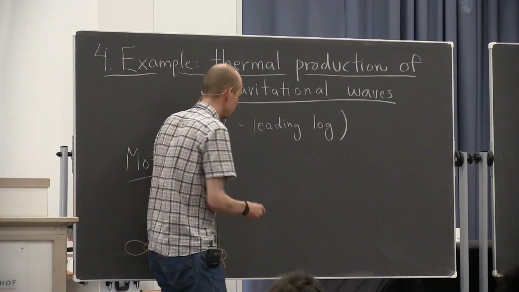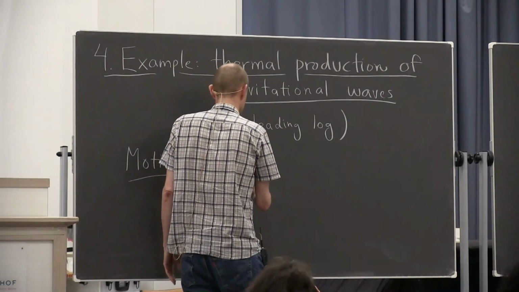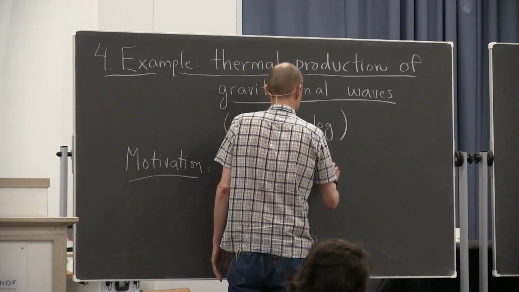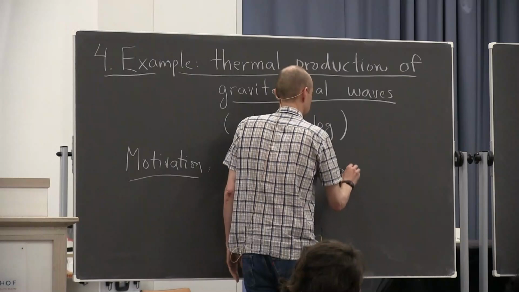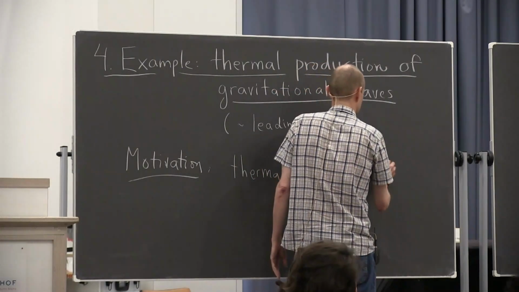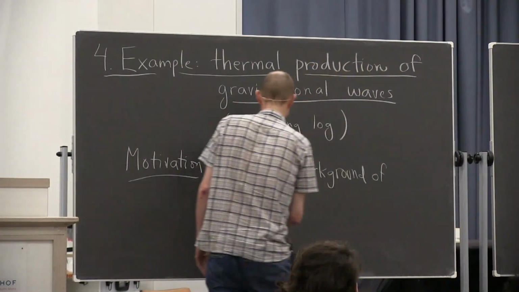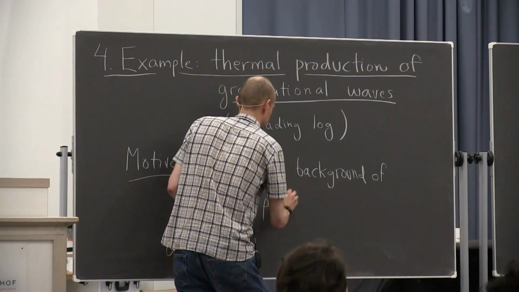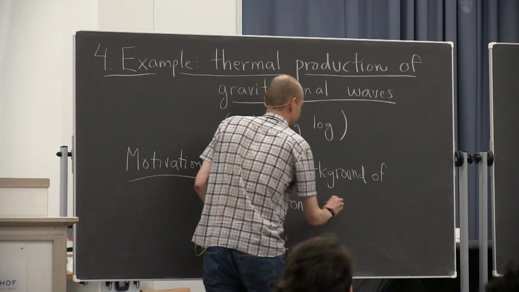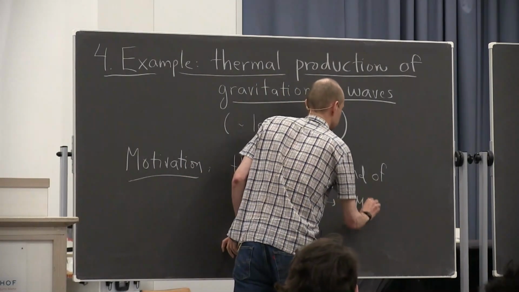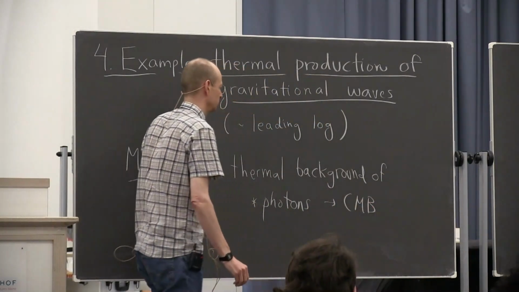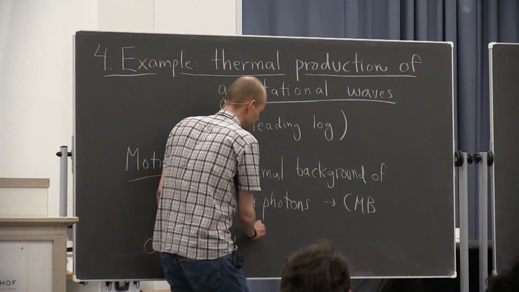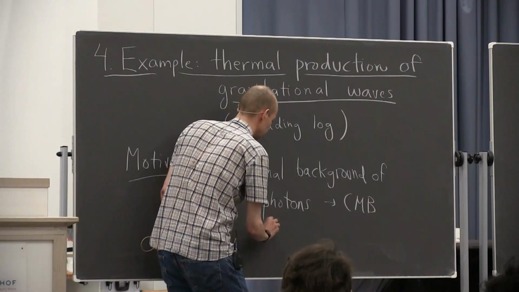Now, before we get there, just some motivation. There are thermal backgrounds of many things. Photons give us the CMB that we have also seen today in the morning. Then there's a thermal background of neutrinos.